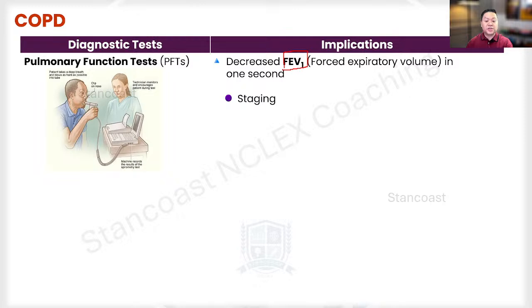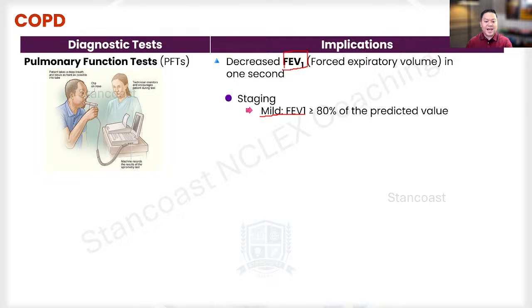And there's also going to be a decrease in the ratio of FEV1 and the FVC, which is the forced vital capacity ratio. And we're going to talk more about the staging here. So the FEV1 will be categorized into different levels of severity. When the patient has, let's say, 80% of the predicted value, then they are considered to have a mild COPD.